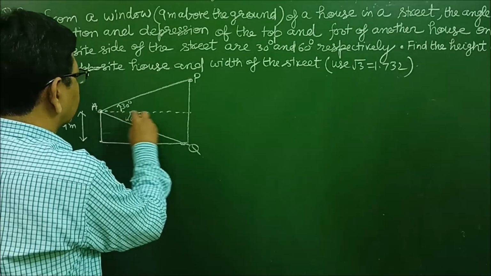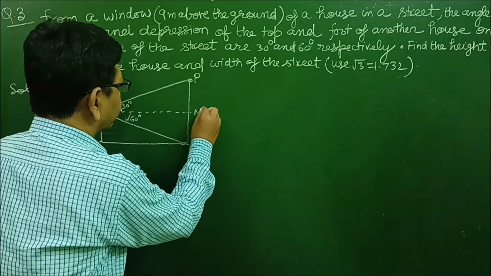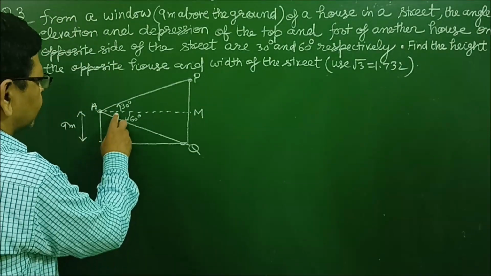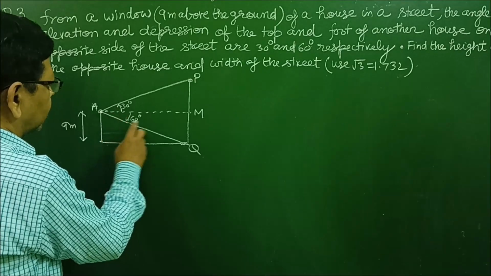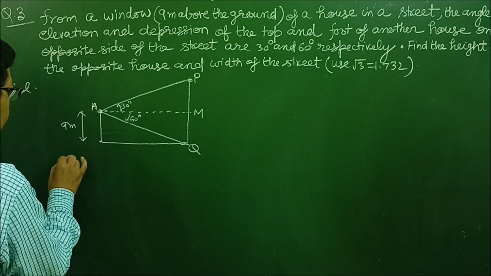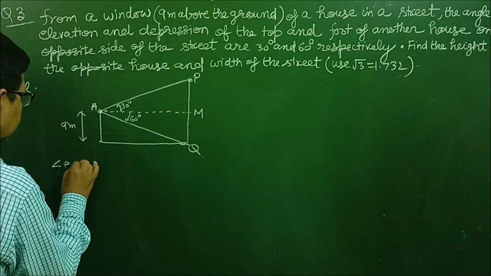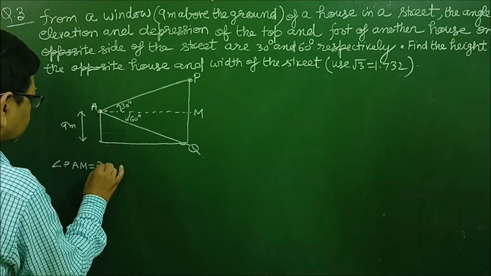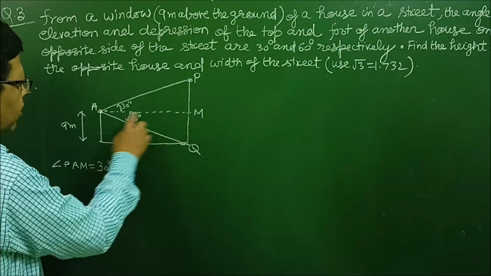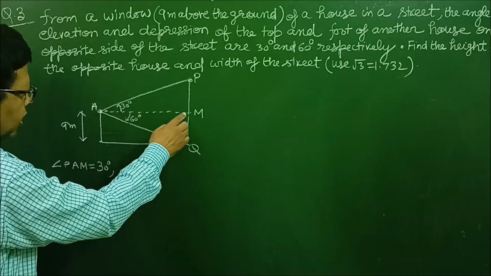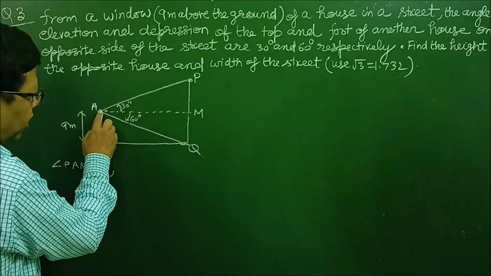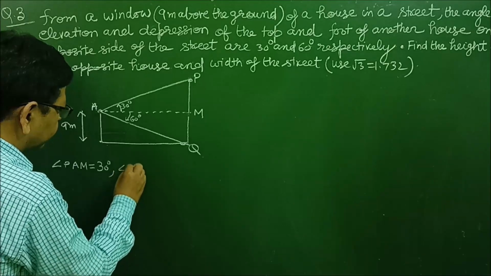Let this horizontal line cut at the point M. Now this angle PAM is 30, and the angle of depression below the horizontal, that is angle MAQ, of the point Q, is 60 degree.